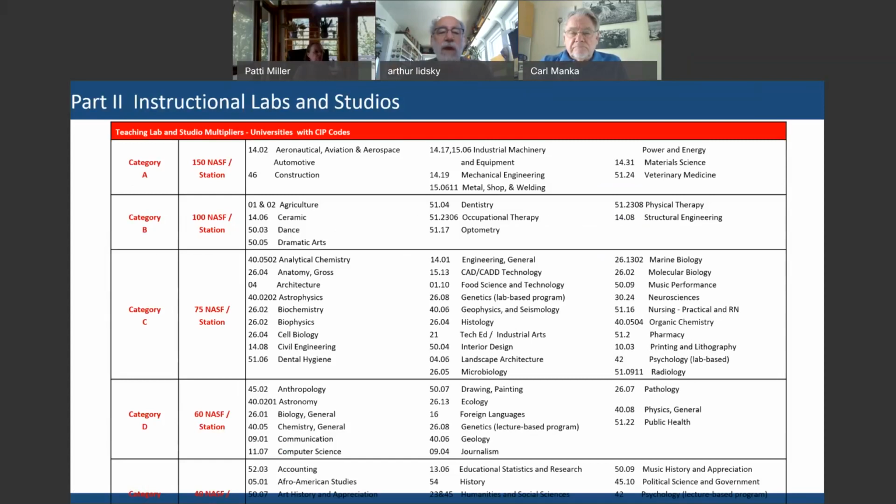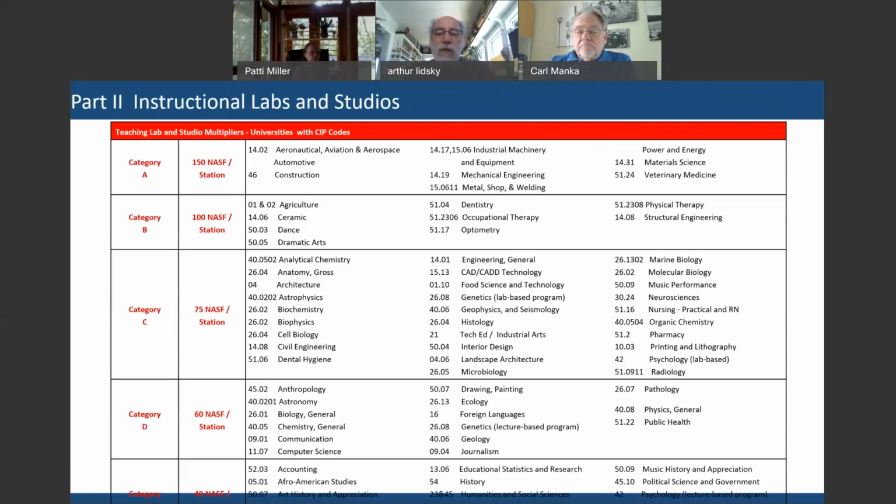So here we have the different categories of disciplines that require space. Category A is more space needed, more space generated for the types of disciplines that fall into that category. So automotive, aviation, aerospace, construction, mechanical engineering, metal shop, welding, and so on.